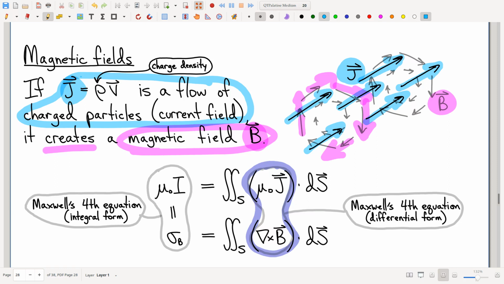You can even kind of see it in the picture, right? I mean, the current is pointing in the direction that the magnetic field is kind of, if you will, flowing around. Now, of course, magnetic fields don't represent the flow of particles. So it's not really flowing, but it is represented by a vector field that, if it were representing a fluid, would be kind of circulating.